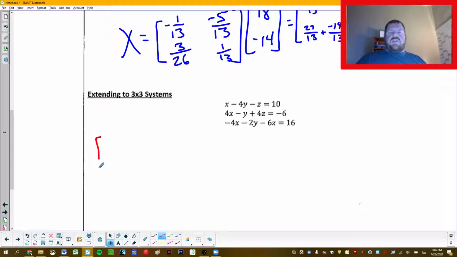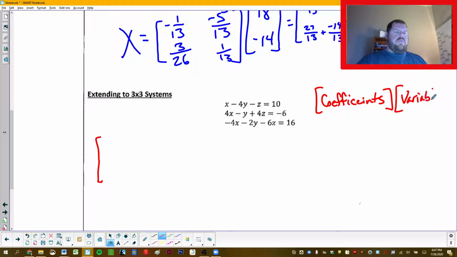The idea on the first matrix is that whenever I set these up, I'm always looking for coefficients, and then variables, so coefficients times variables is always going to equal my solutions.